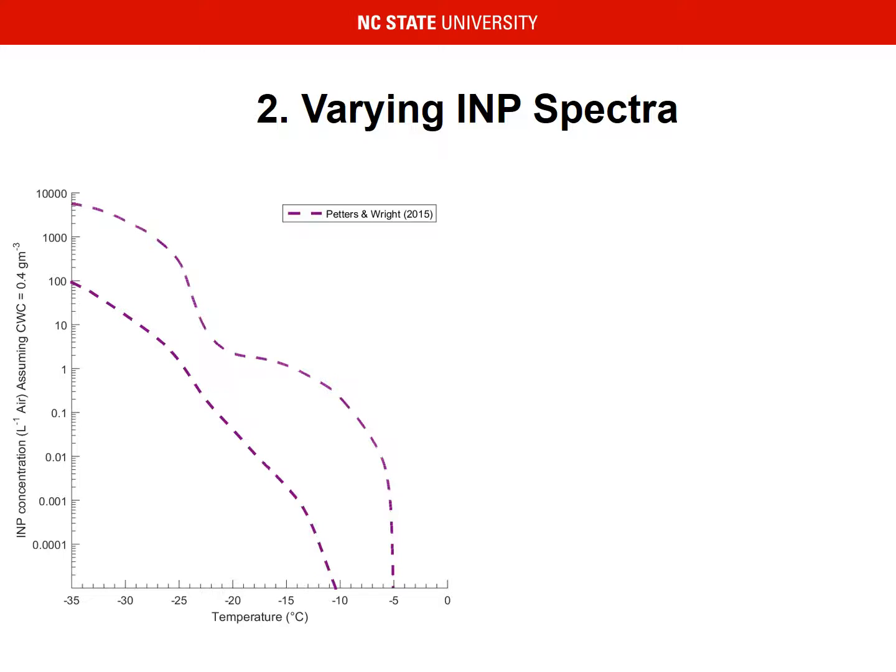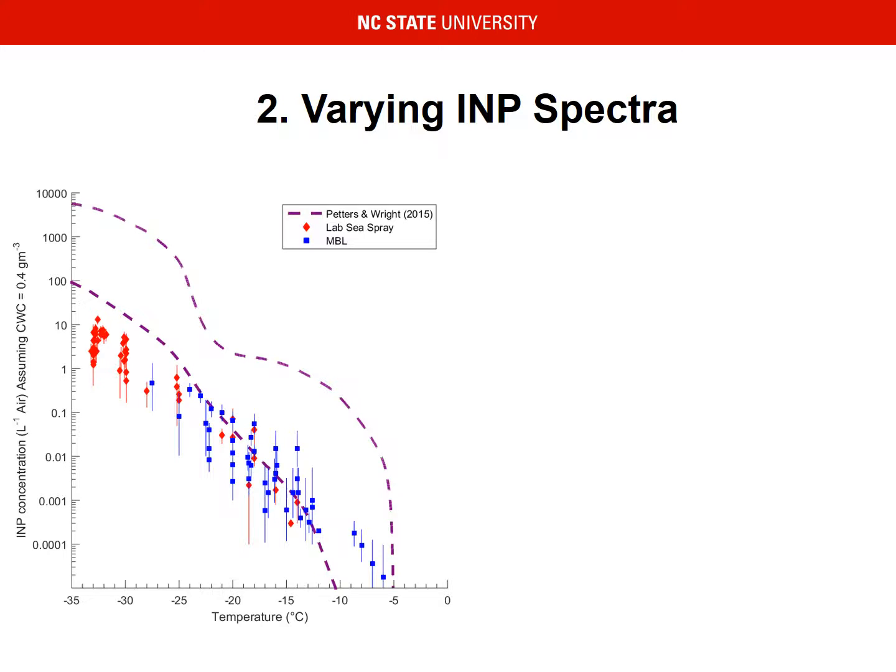So just note, a decrease in temperature actually leads to an exponential increase in the available INP in the atmosphere. So I went ahead and overlaid both lab sea spray and marine boundary layer measurements. And as you expect, with the marine boundary layer being cleaner, more pure, we would expect lower concentrations throughout the temperature spectrum relative to the continental air mass shown in the dashed purple lines.